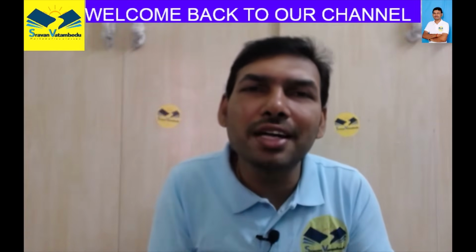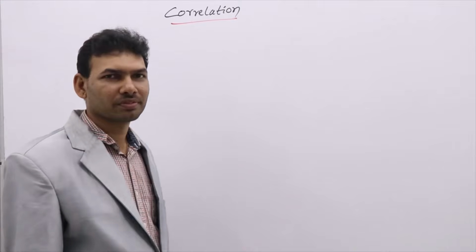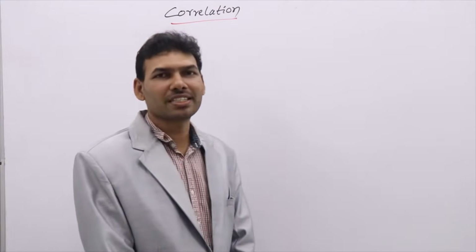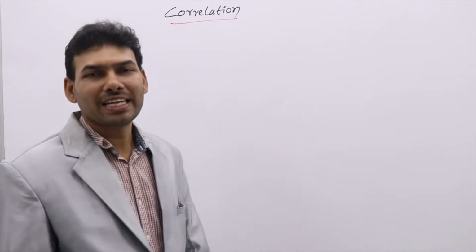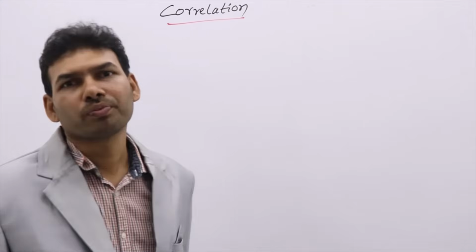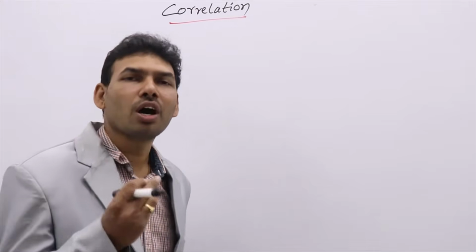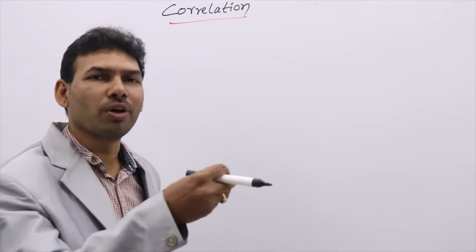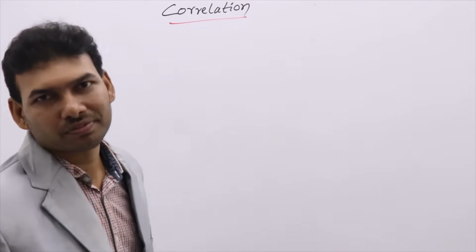In this video lecture, we are going to discuss correlation. So the name itself says the meaning. Correlation is a statistical analysis to know the relation between two variables, how they fluctuate. The change in one variable, how it reflects in another.